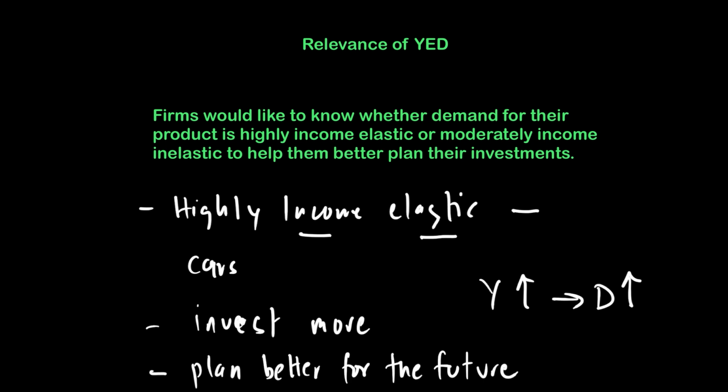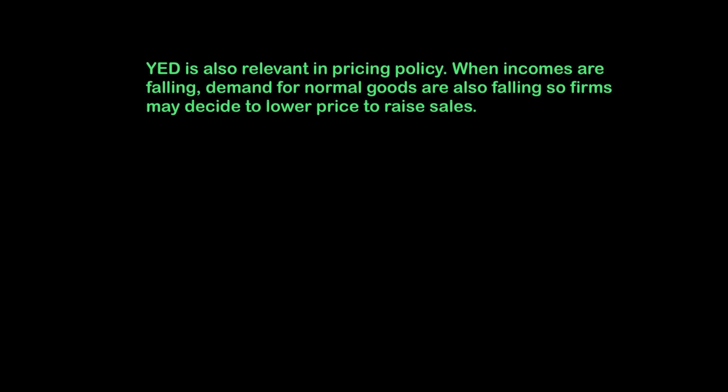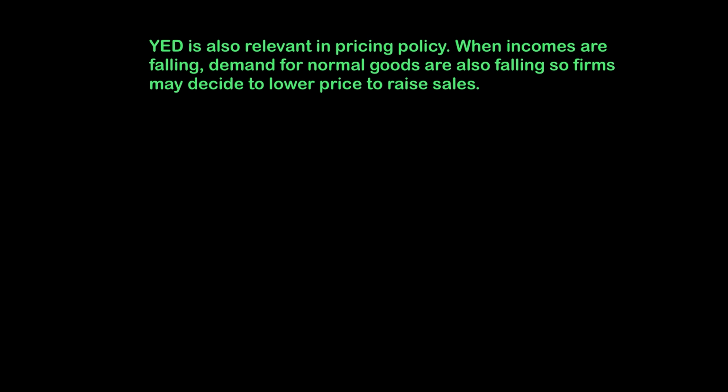From a pricing policy, YD may also become important because let's assume that incomes are falling, and let's say we are making what we call normal goods. So if incomes are falling and we're making normal goods, then one would argue that there will be a fall in demand, and in order to make sure that the firm can arrest this fall in demand, the firm could actually lower price.